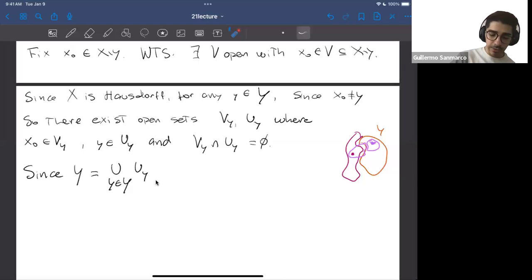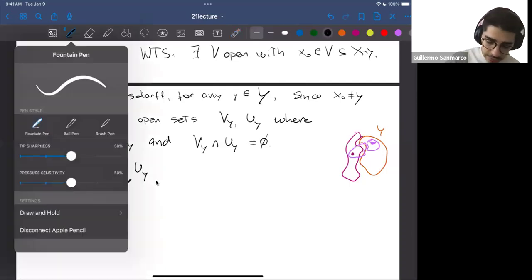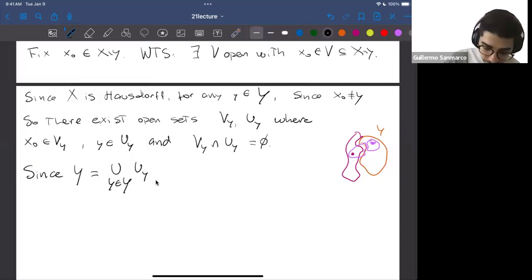Both inclusions are clear here. The first one is because each U_y is inside of Y, and the second one is because each point belongs to the corresponding U. So that's a cover, since Y is the union of these.